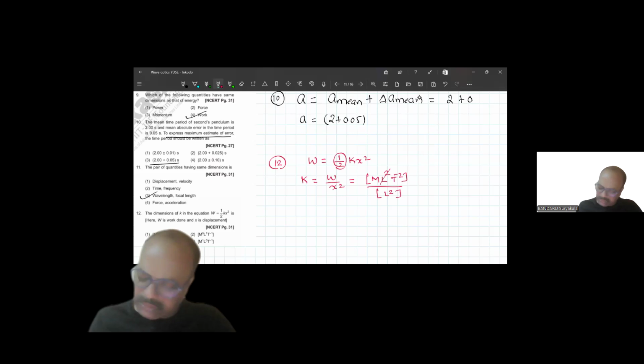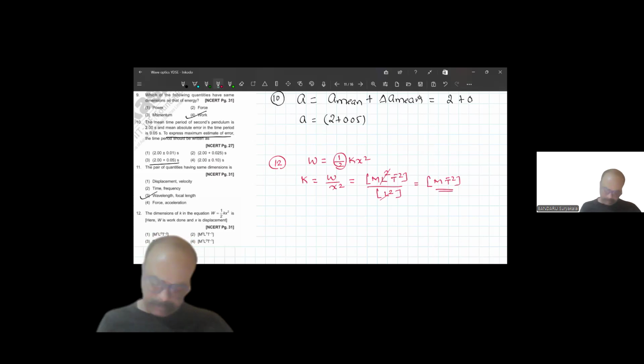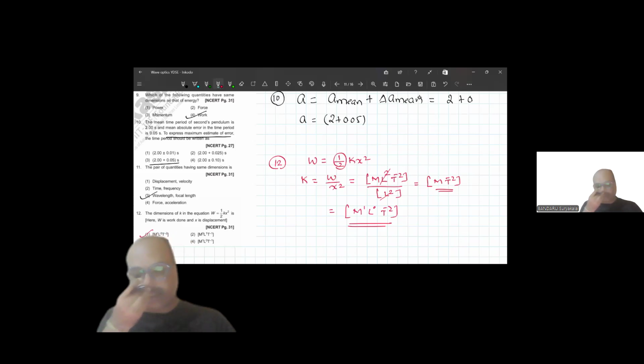L square is there, so L gets cancelled. So the answer is M T power minus 2. What's the correct answer here? Option 1. L power 0. So we can write M power 1, L power 0, T power minus 2. So this is about the 12th problem.